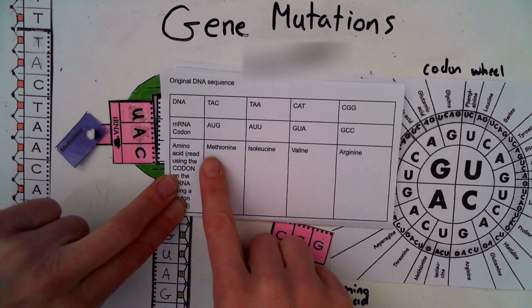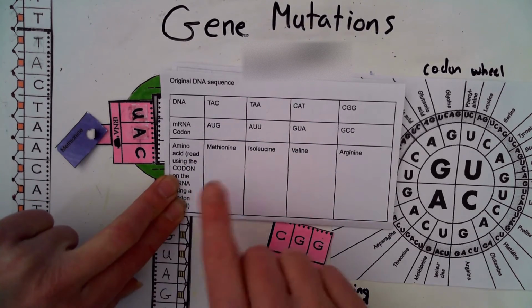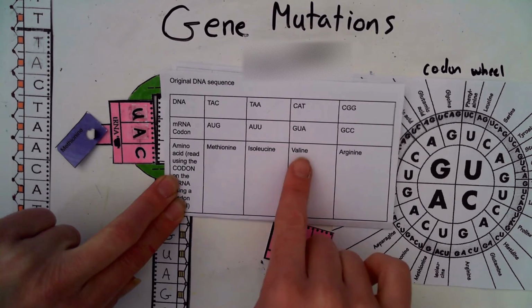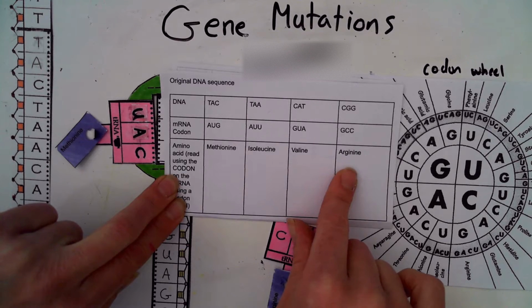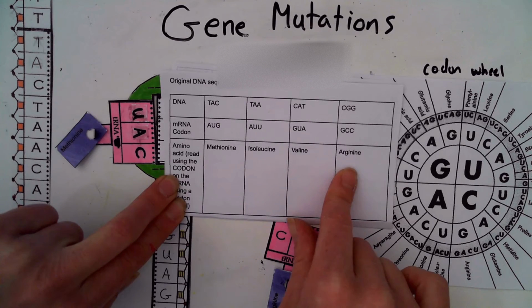So in this unmutated DNA, the original DNA sequence, this is the amino acid sequence. This would then fold in a very particular way to come up with the overall shape of the protein.